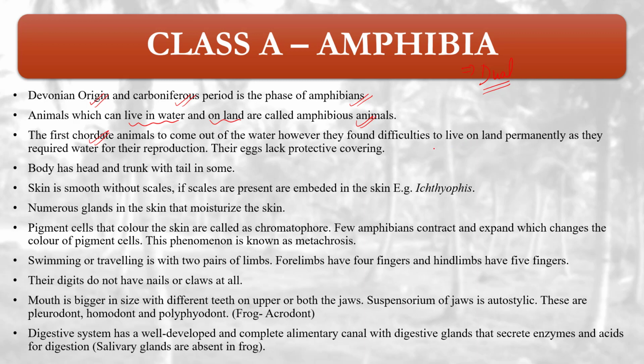They are going to face a large amount of skin dryness. They have to adapt to air which is flowing at a moderate rate. Okay, so all these things they have to acclimatize. That is why they require water for their reproduction.